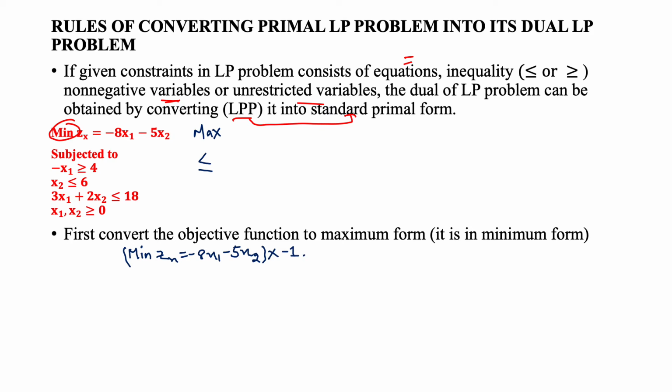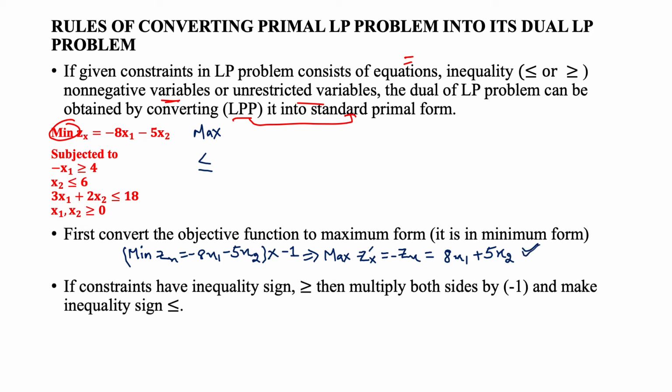So what's my new objective function? That will be in maximization form, written as Zx dash, which is the negative of Zx, and if you multiply with a negative sign, you will get positive 8x1 and positive 5x2. So that's my new objective function.